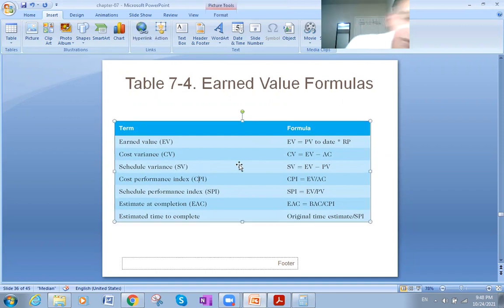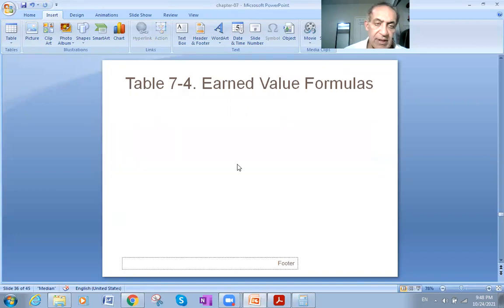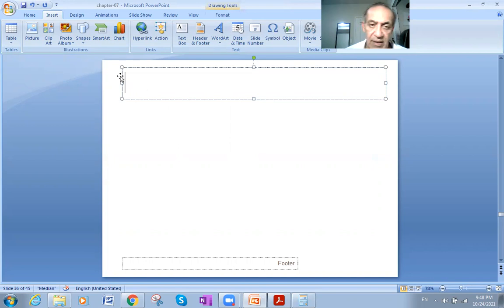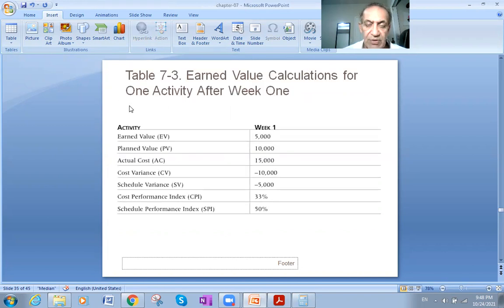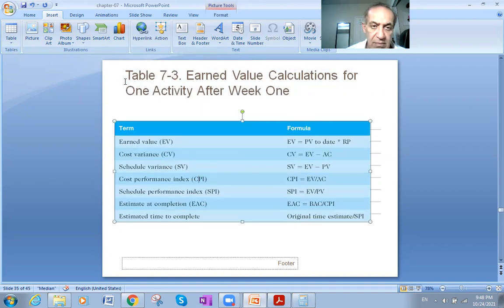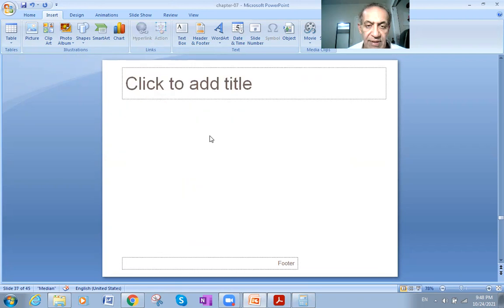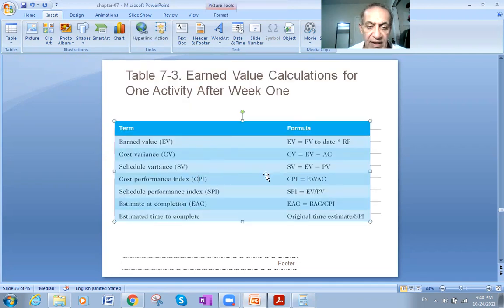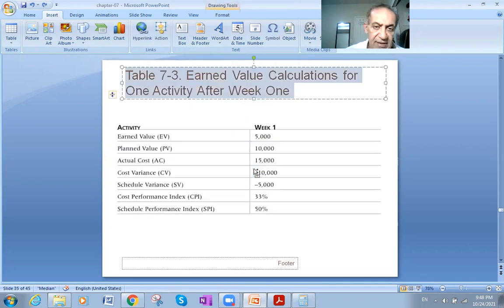And I actually prefer that this should be before the other table, so that when you see them, you get them.